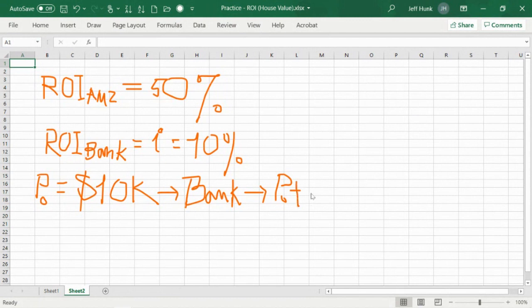So 1 year later, there's going to be principal and interest, and principal and interest together is called future value. So future value at time 1.